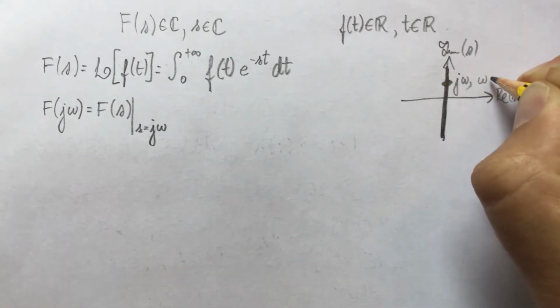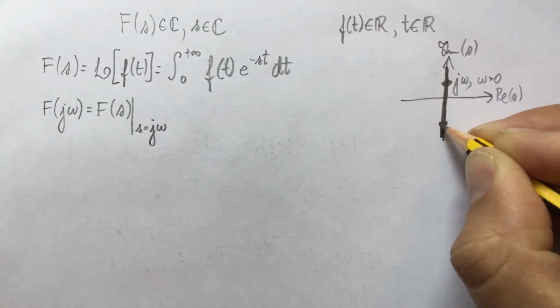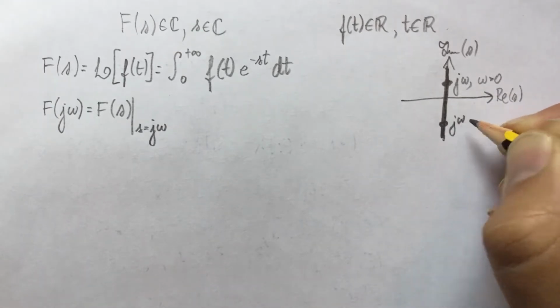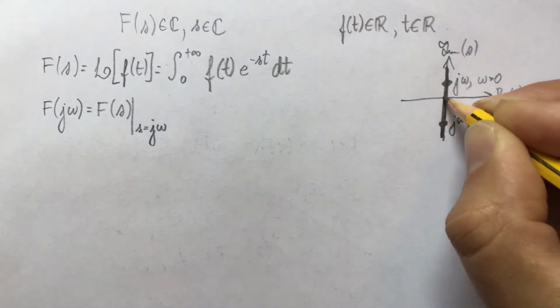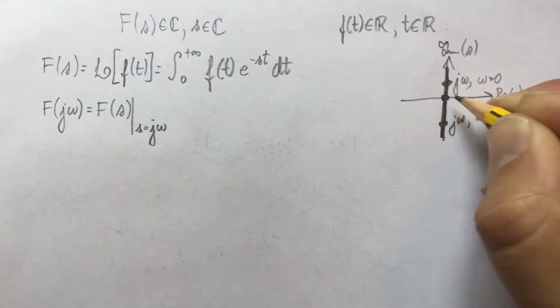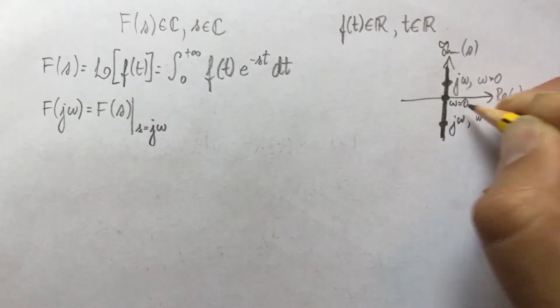Here we have a point given by j omega with positive omega. Here we have another point also given by j omega, but this time omega is negative. Of course, here we have 0. It is also j omega with omega equal to 0.